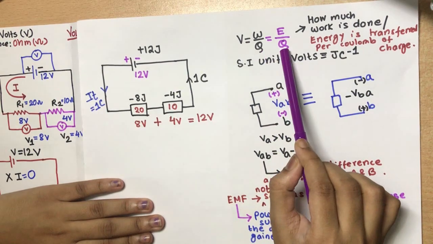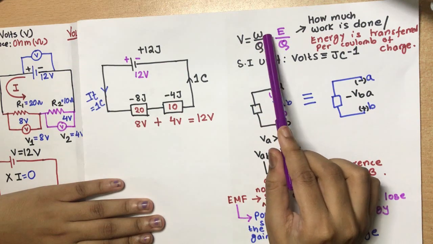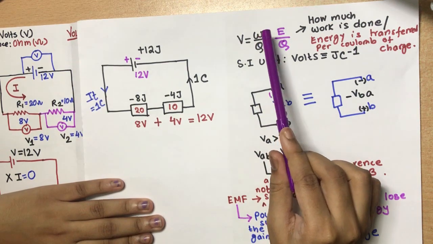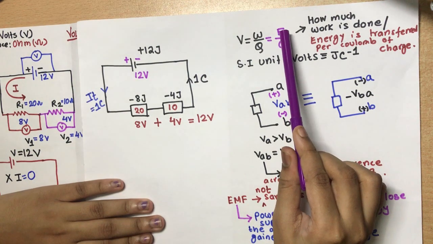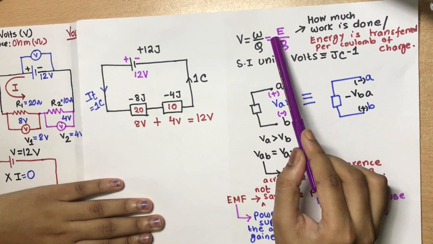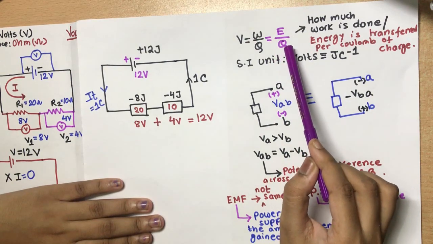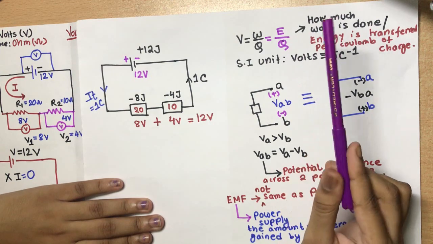This means that voltage represents how much work is done or how much energy is transferred per coulomb of charge. So when 1 coulomb of charge flows through the circuit, how much energy is transferred?